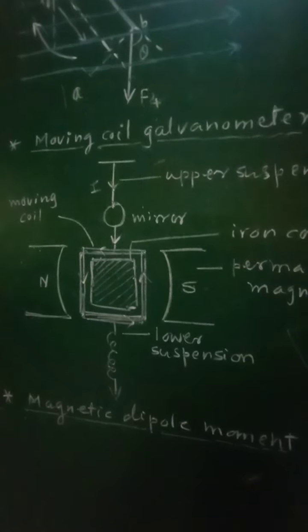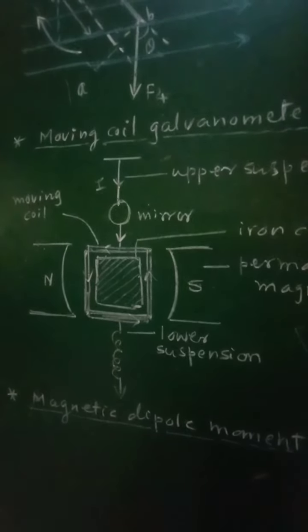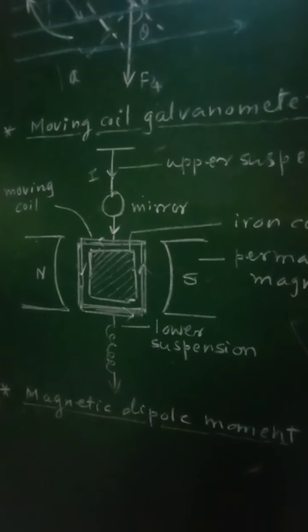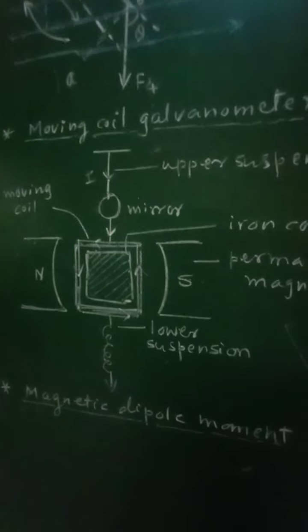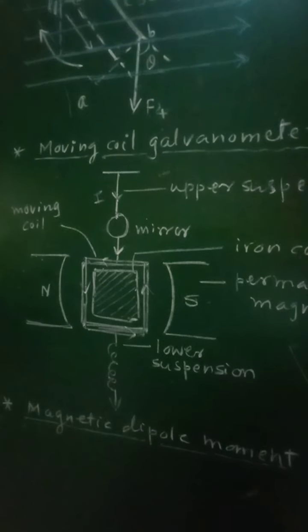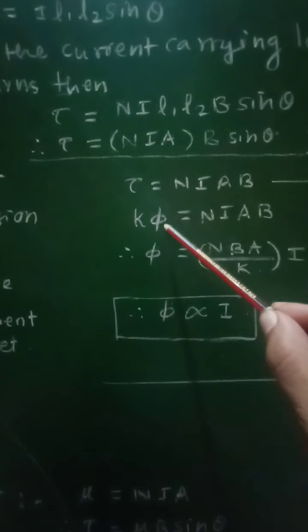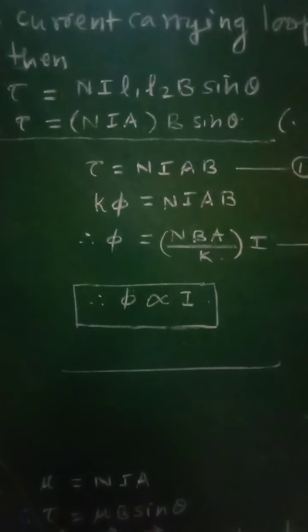Then a large current produces a large deflection of the coil, and hence the torque in the spring or suspension is also large. The restoring torque will be proportional to the deflection of the coil, and therefore we can say that K phi will be equal to NIAB, because K phi is nothing but the restoring torque supplied by the suspension fiber.